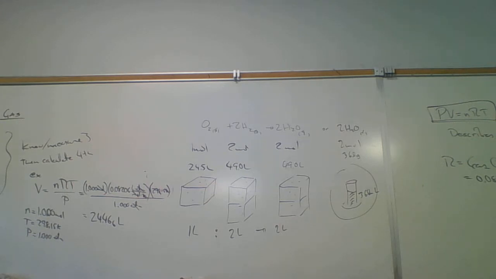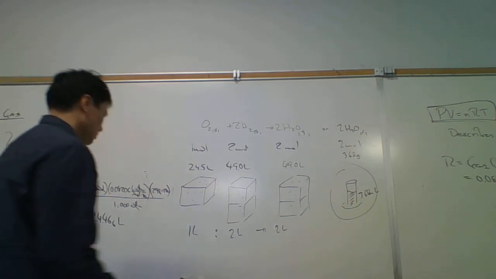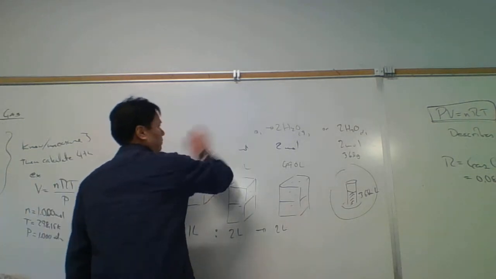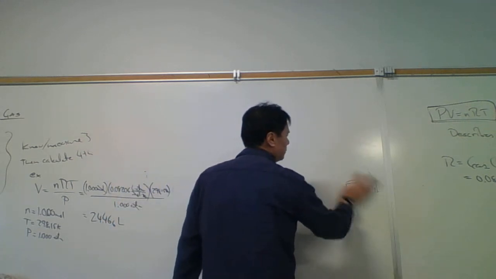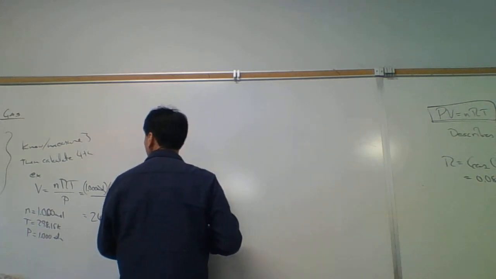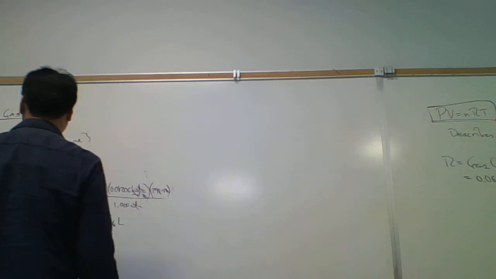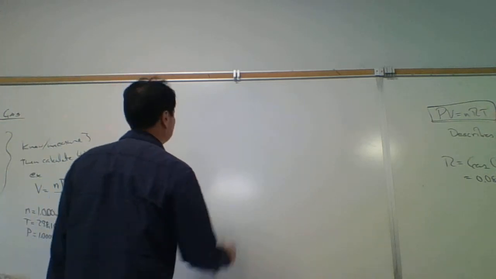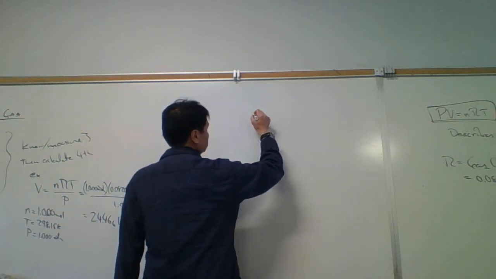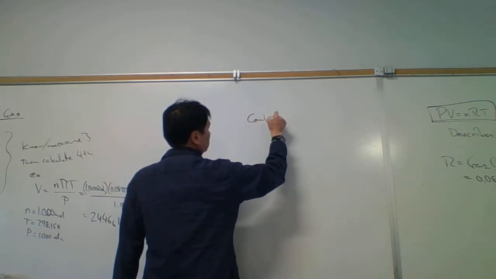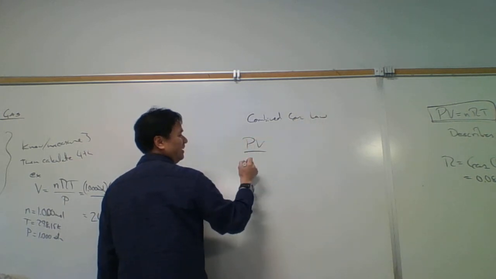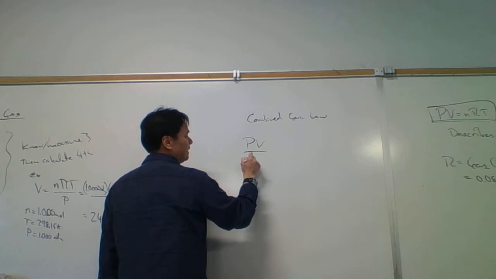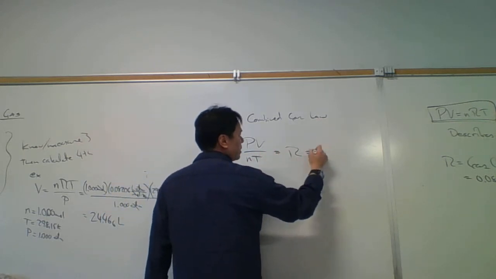We can also derive one more equation from this, a little bit more advanced version of the combined gas law. That is PV over nT is equal to R, which is a constant.